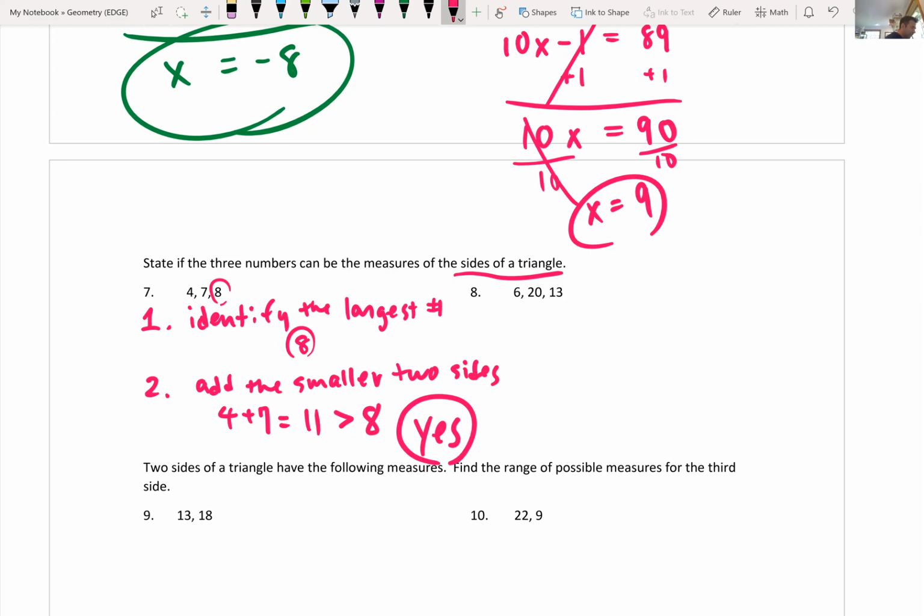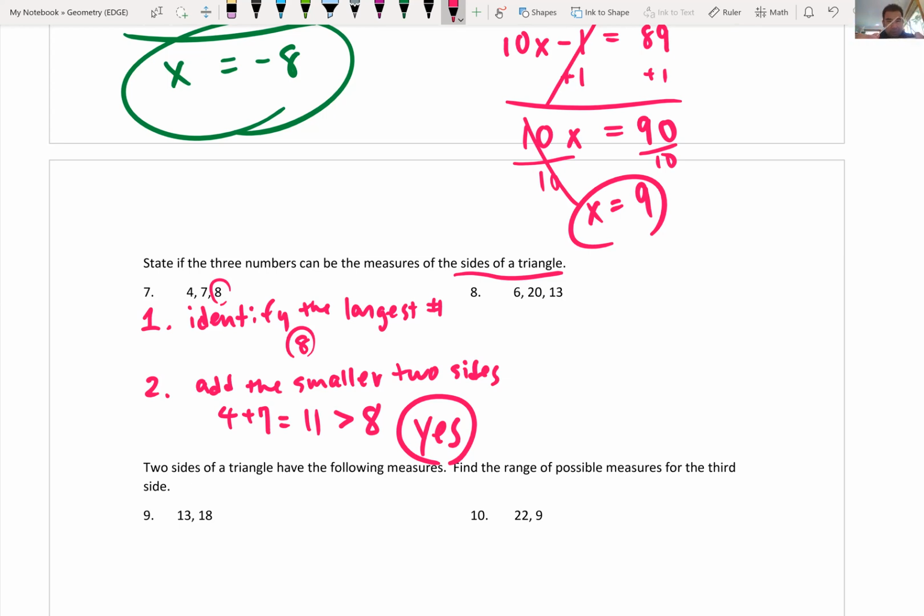Probably you're tired of seeing that, but let's say this is the 8. This is the longest one. And then you've got 4 and then you've got 7.